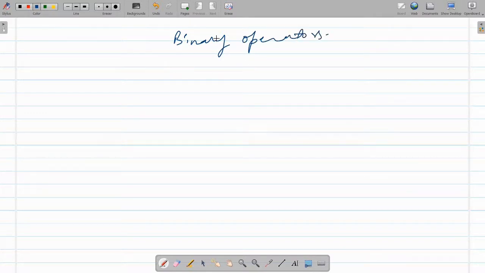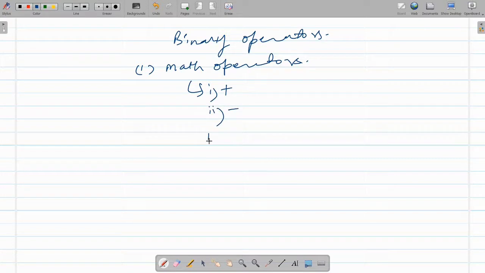The first one is mathematical operators. The first mathematical operator is plus. The second is minus. Third one is multiplication.